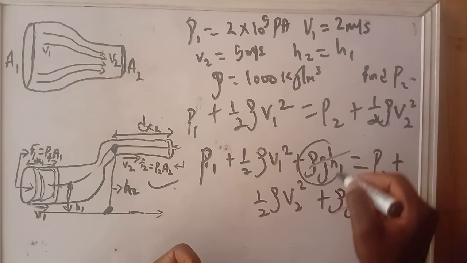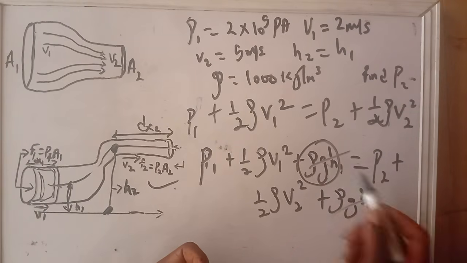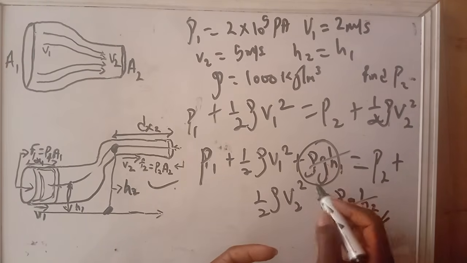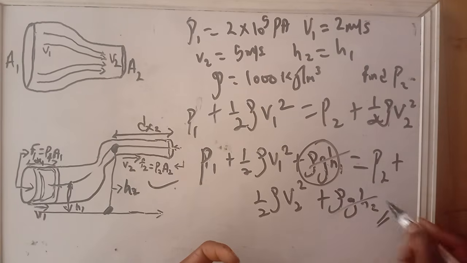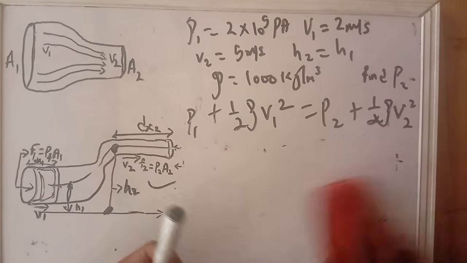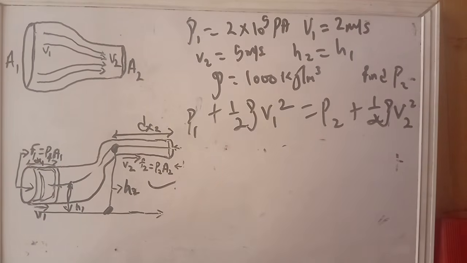Because density g H1 cancels density g H2, since density of water remains the same, gravity remains the same, and H1 equals H2. So this is what you have left. Then put in your values and find P2. That's it.